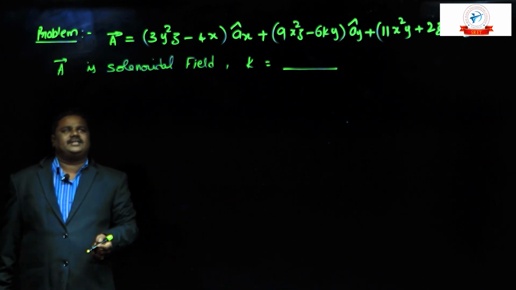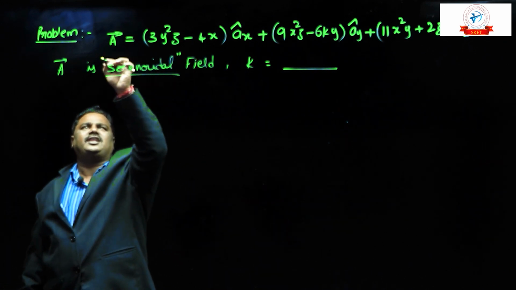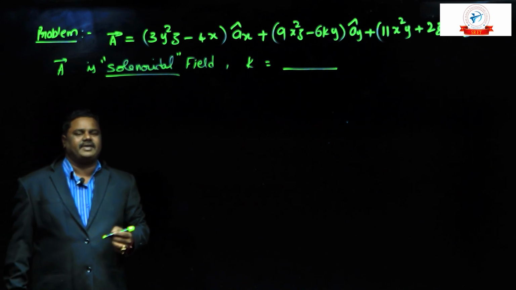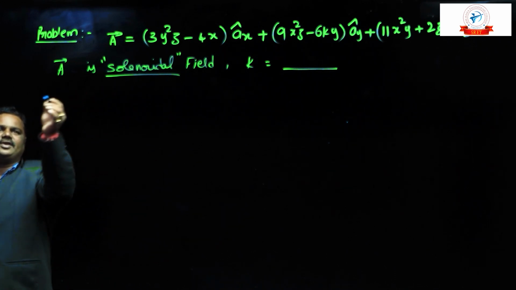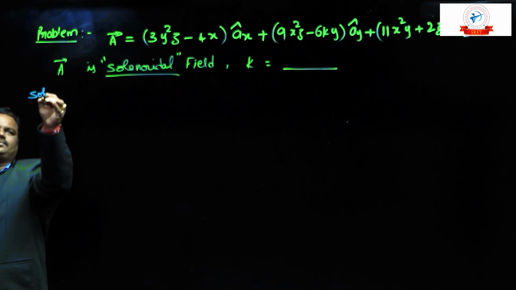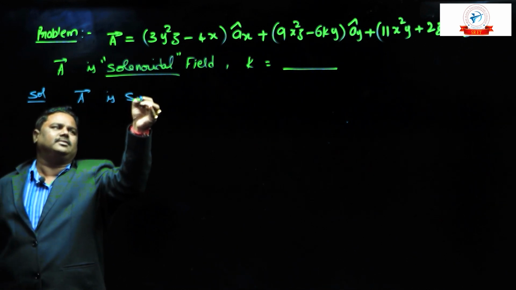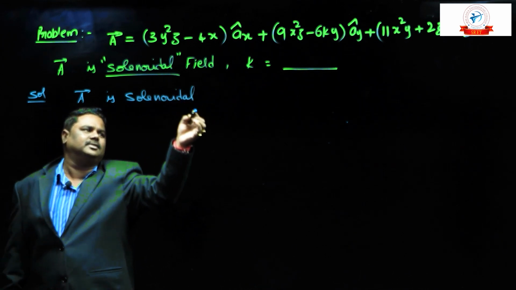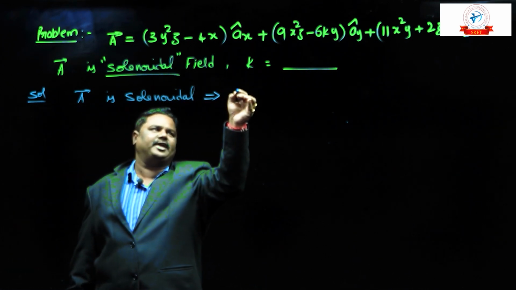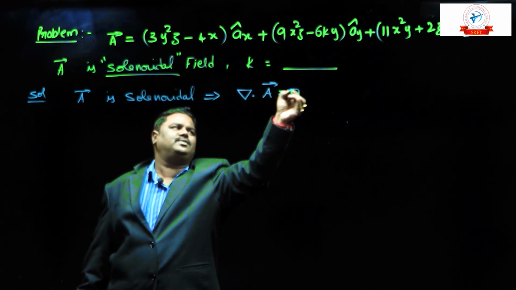So, here it is given that A bar is a solenoidal field. For a solenoidal field, the divergence of the vector field must be equal to 0. So we consider that A bar is solenoidal, hence it should satisfy the property divergence of A bar is equal to 0.